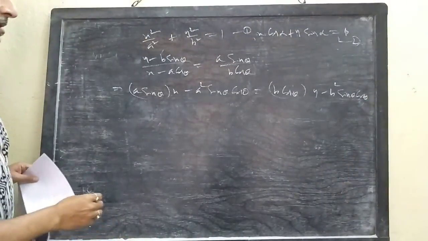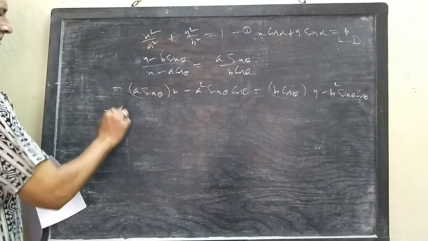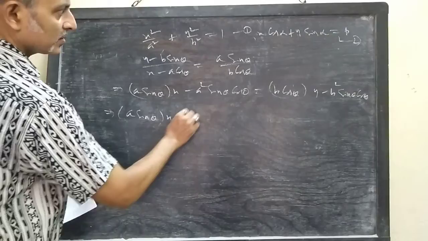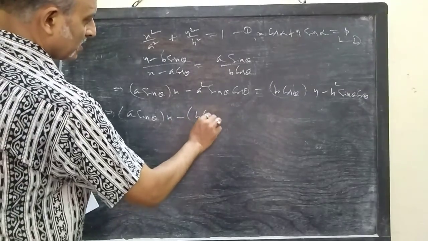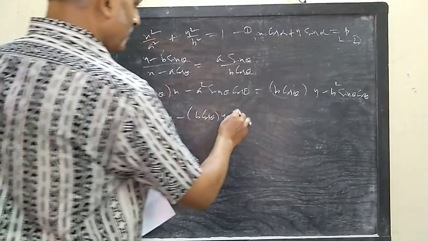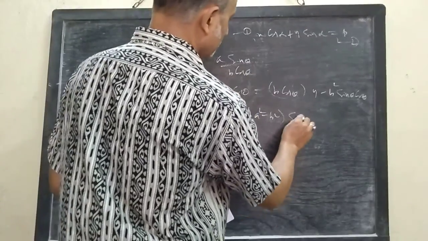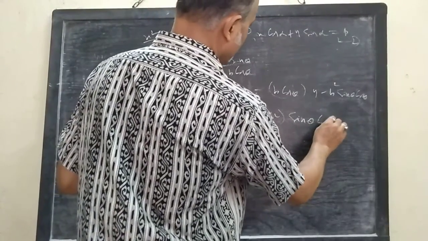So we ultimately get a sin theta into x minus b cos theta into y is equals to a square minus b square into sin theta cos theta.